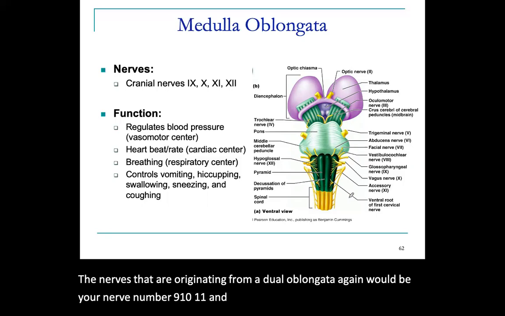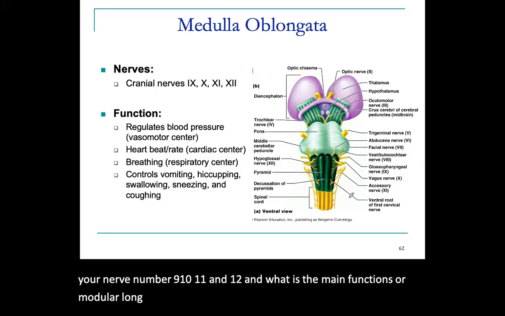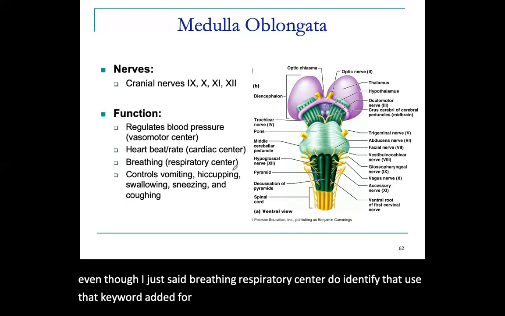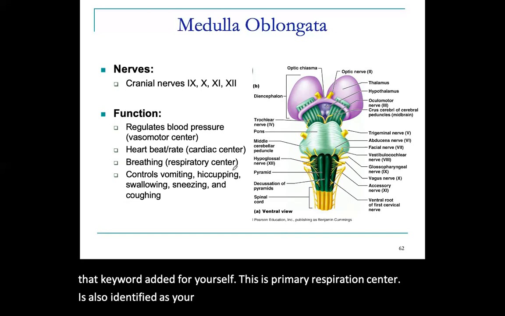And what are the main functions of medulla oblongata? It's identified as your primary respiration center. So even though I just said breathing, respiratory center, do identify that, use that keyword, add it for yourself. This is primary respiration center. It's also identified as your primary cardiovascular center.